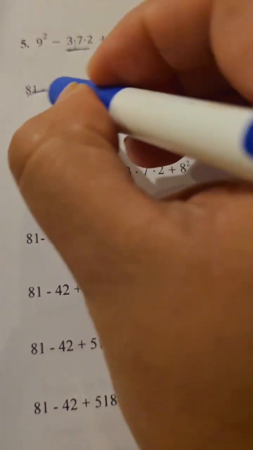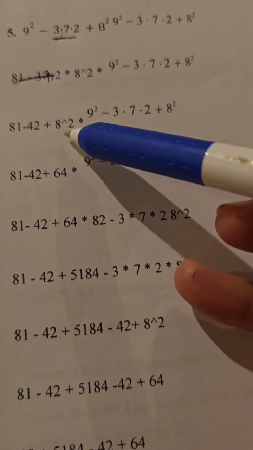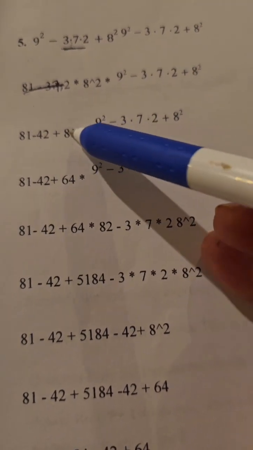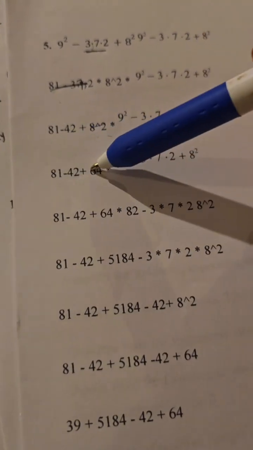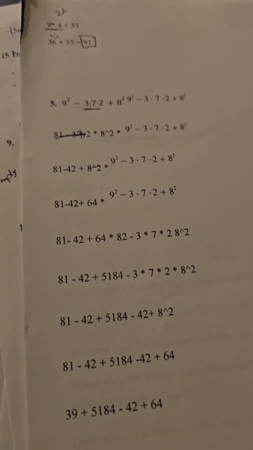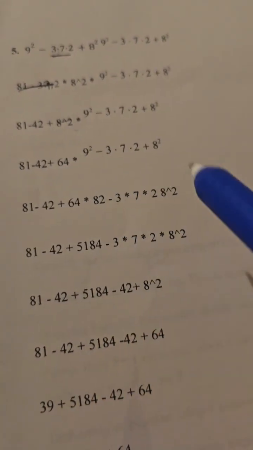So then we would forget about this. So now we would move on to this one. So A has a power of 2. That would be 64. So as we're doing this, we're simplifying our equations to make it simpler. So now we're going to do left to right.